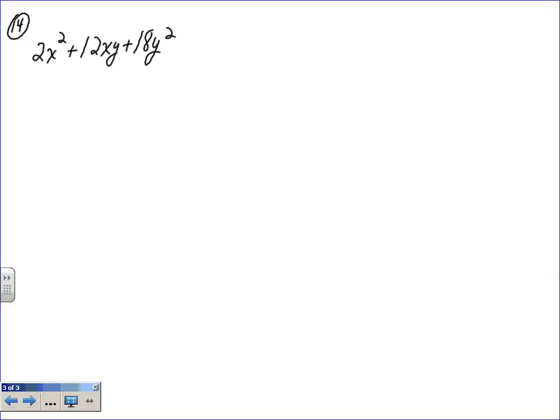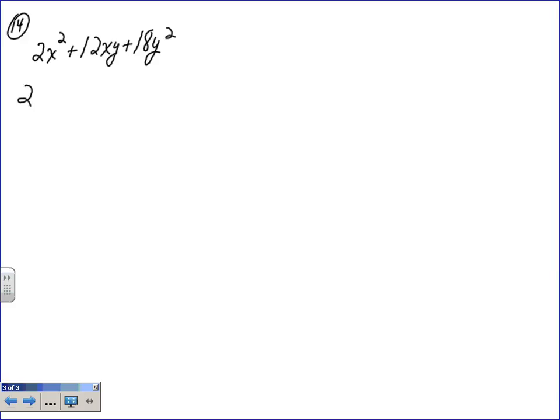Now, look at the variables, the x and y. Is there something that each one of those three terms have in common? Divisible by 2. Okay, divisible by 2. But no variables. This one has an x, this one has an x, but this one does not. So I can't take out any variables, x or y, but I can take out a 2. So that's what I want to do first. Remember what I said.